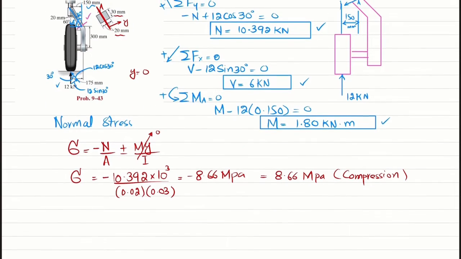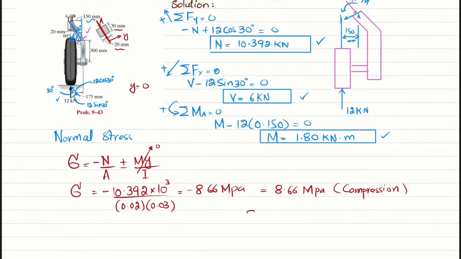Now we'll find the shear stress. So we know that shear stress at point A is equal to V into QA divided by I into T. And what about QA? QA will be equal to y dash bar into A. So this is the point A. Above point A, this will be the area, and this area is 30 millimeter into this 20 millimeter.